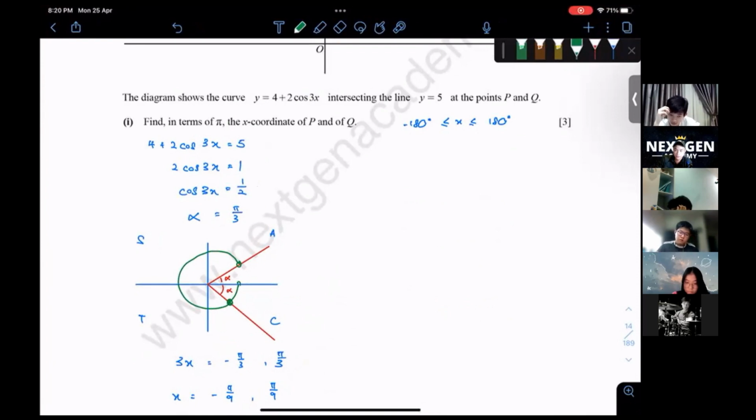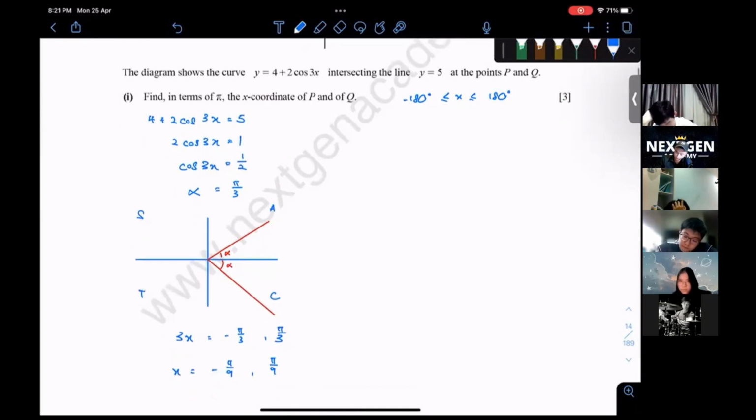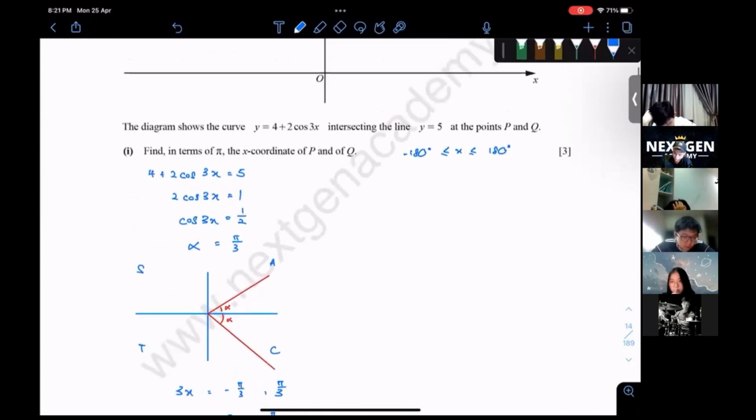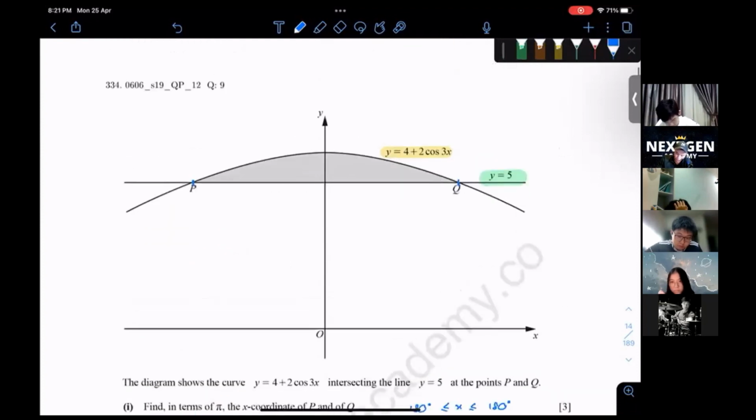I'll be honest, this is quite a tricky question. You might be wondering why suddenly got this negative one? It's because one of the values of x needs to be negative, and it will be the first time it becomes negative. Okay, understand this part? So your x will be negative pi over 9 and pi over 9. That's all they ask you to find.